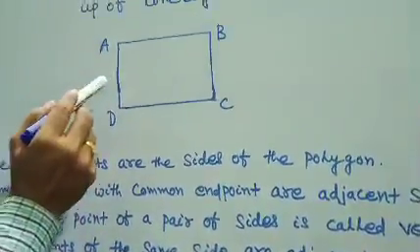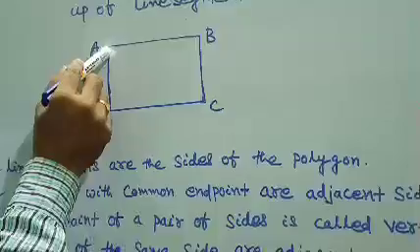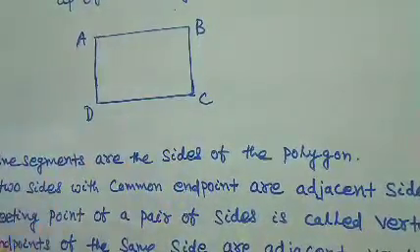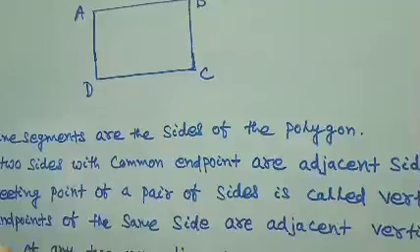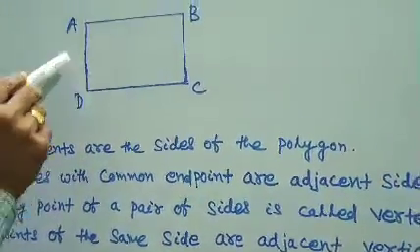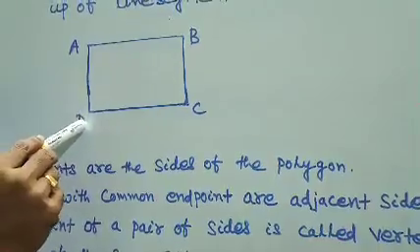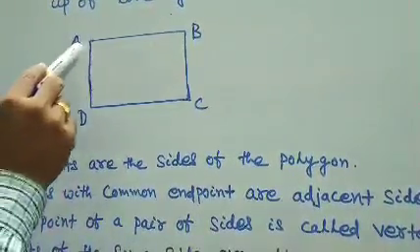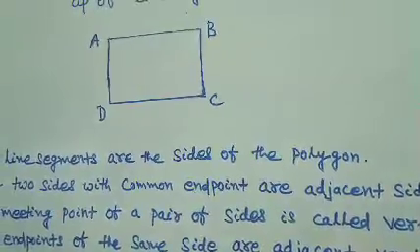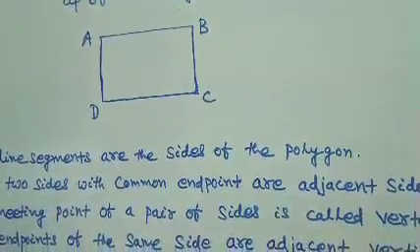Look here, this is line segment AD and this is line segment DC. The common endpoint in both the lines is D. So we can say AD and DC are adjacent sides of the polygon.